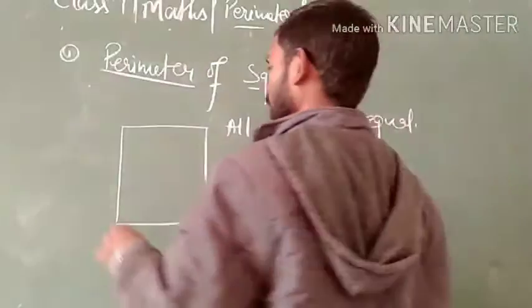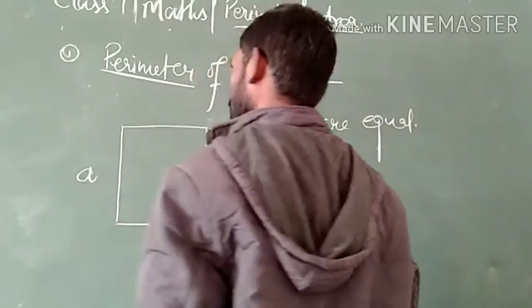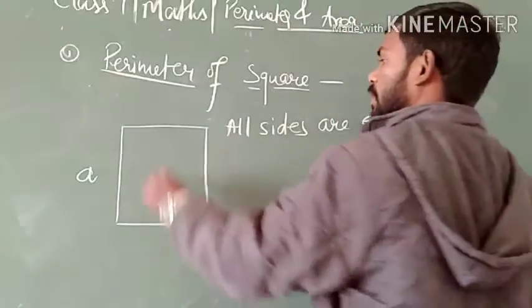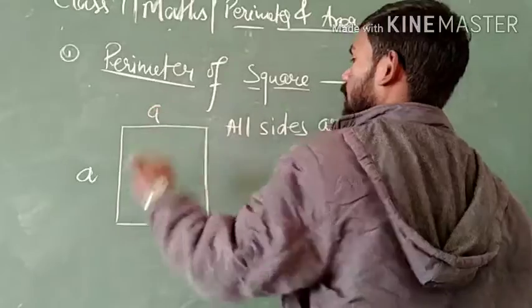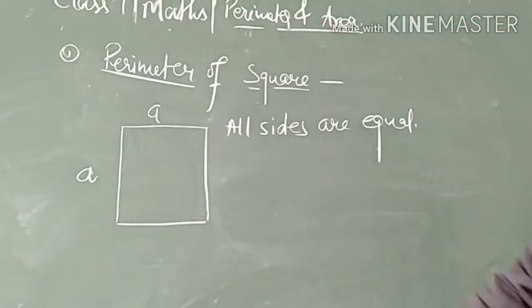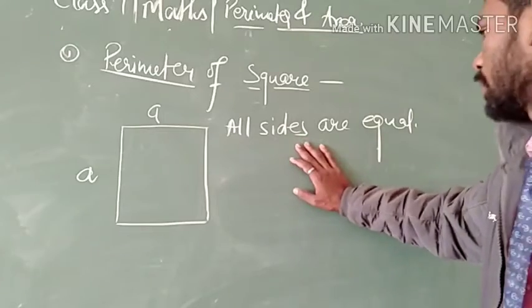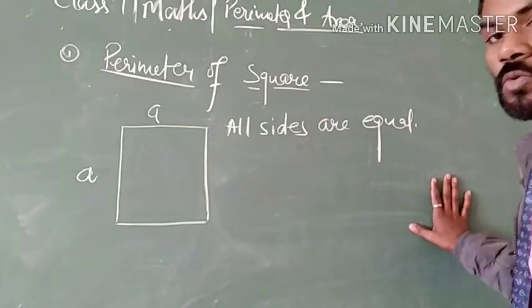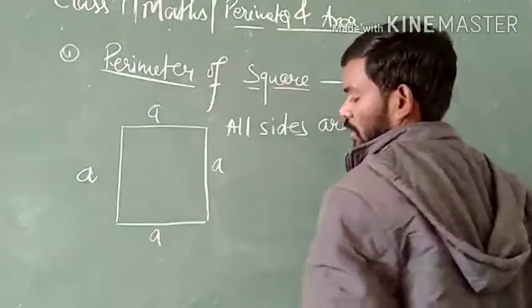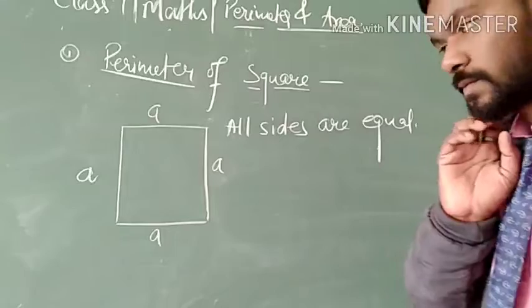If I say its length is a centimeter, then it is obvious its width is also a centimeter, and as all sides are equal, this is also a, and this is also a.